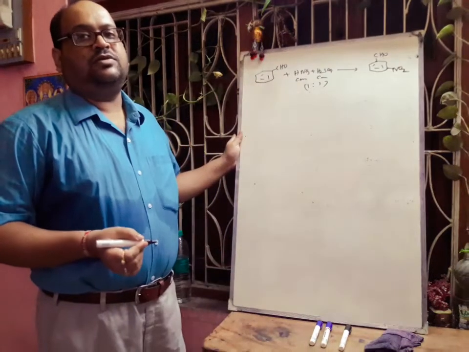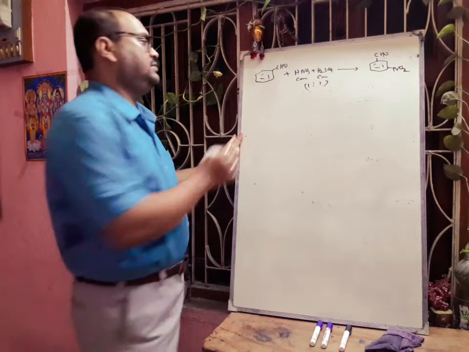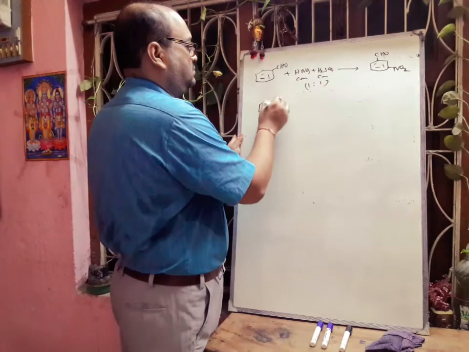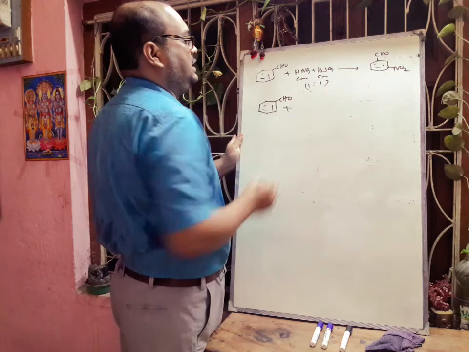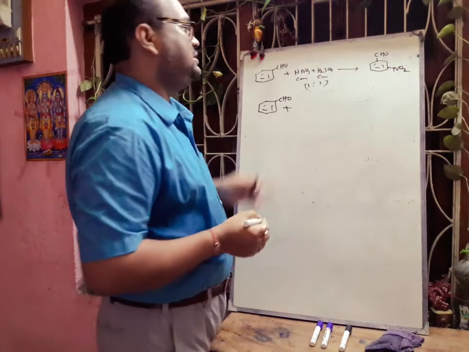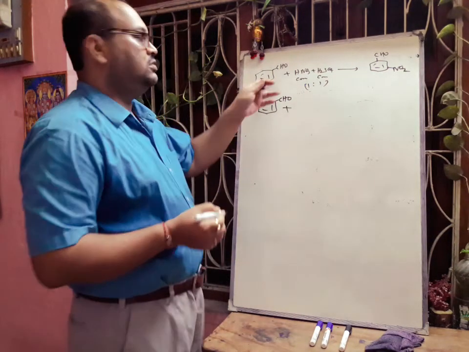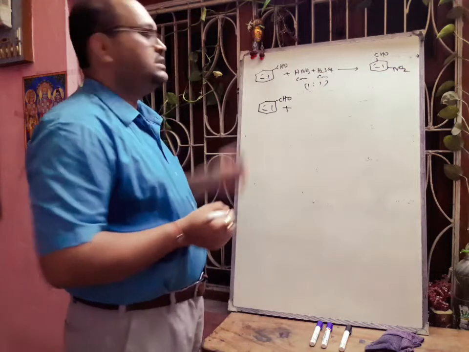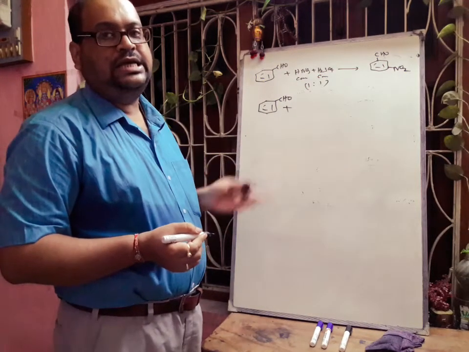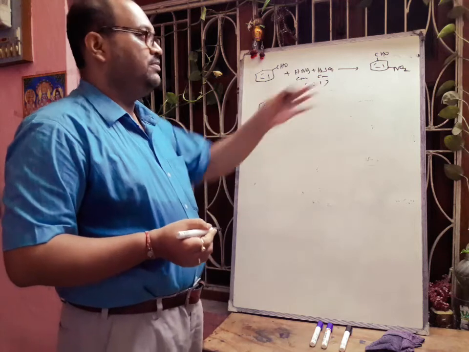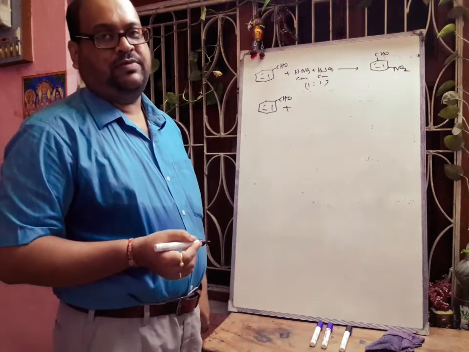If you add fuming sulfuric acid here to benzaldehyde, the aldehyde group will deactivate the benzene ring because of resonance. At the ortho and para positions, the electron density will decrease. So only at the meta position there will be electron density. That is why the product we are getting is the meta-oriented product.